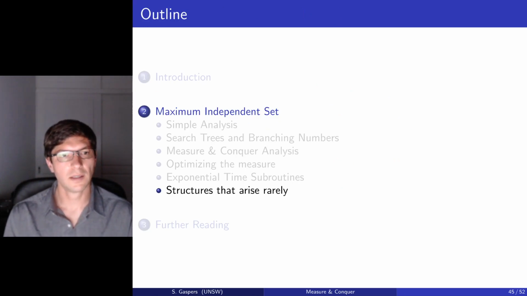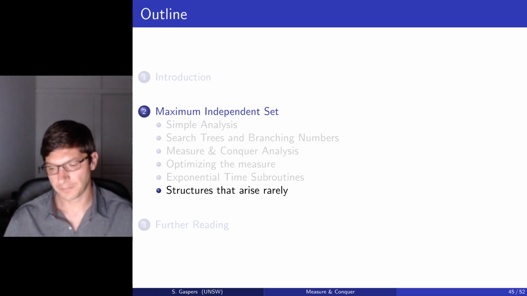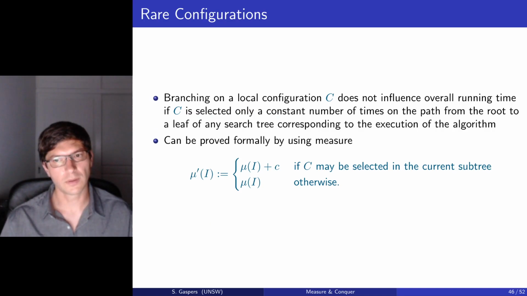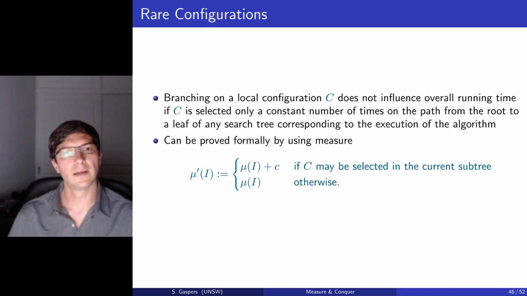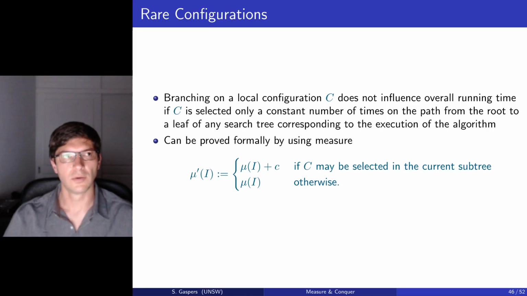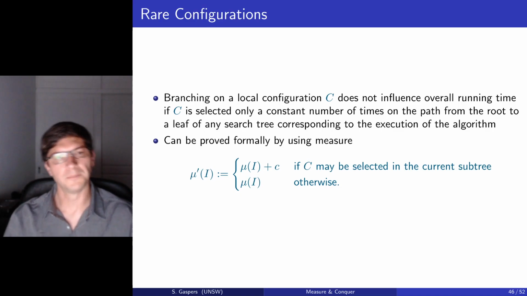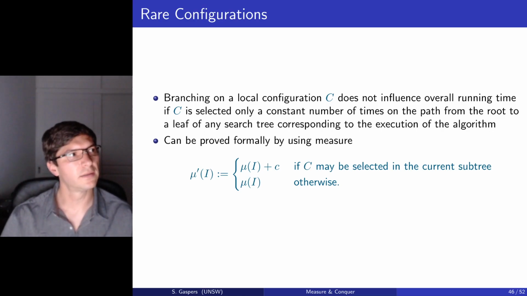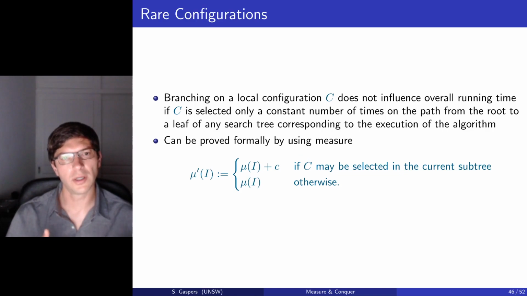Okay. We'll talk briefly about structures that arise rarely. So remember when we analyzed the algorithm, we said that some of the worst cases are when we have a degree 5 vertex with all neighbors of degree 5. Or when we have a degree 4 vertex with all neighbors of degree 4, or degree 3 with all neighbors of degree either 2 or 3. So we could try and avoid branching into these situations as long as we can.